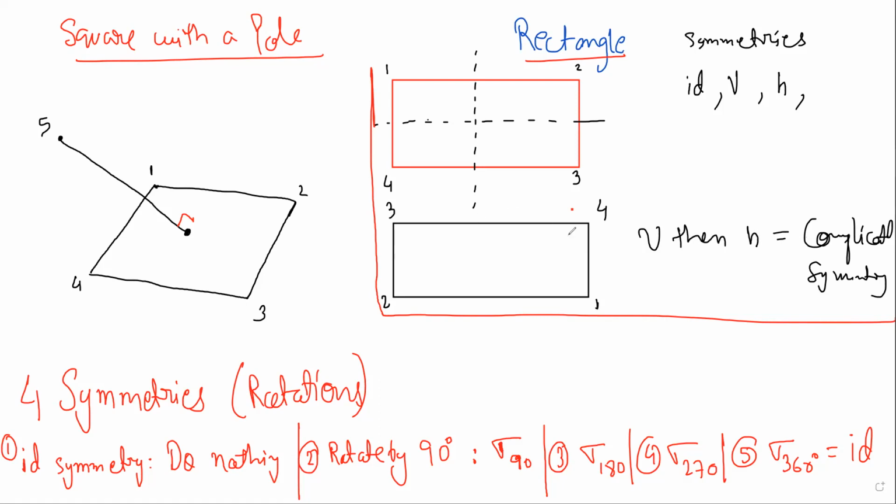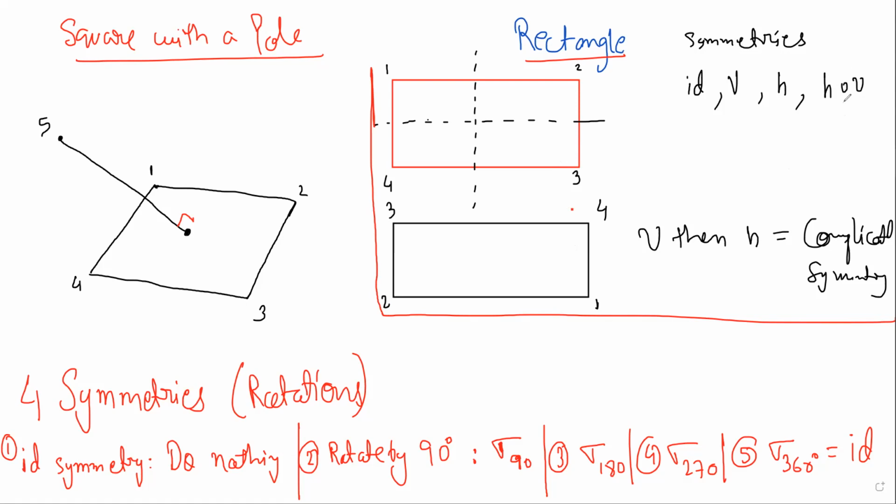That takes 1 to 3, 4 to 2, 2 to 4, 3 to 1. So for this complicated symmetry, first I apply V and then I apply H. This is a composition notation, okay? We will not need this now, so I'm not going into details. The point is that these are the 4 symmetries.